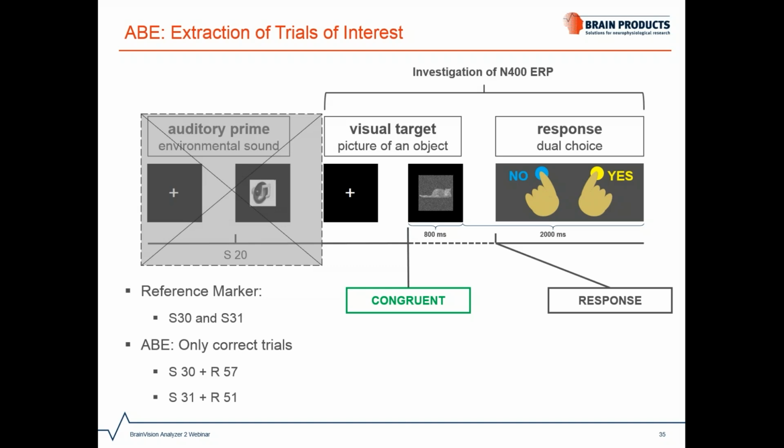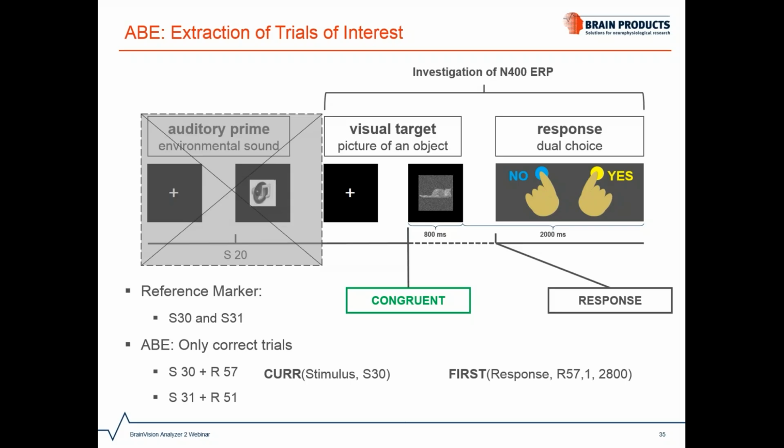To clarify that the expression refers just to the trials with S30 and not the S31 trials, we need to use the cur marker. So we say cur stimulus S30. And then we need to evaluate the response, and check if R57 is in the segment. We can do that by checking for the first marker in our response interval.